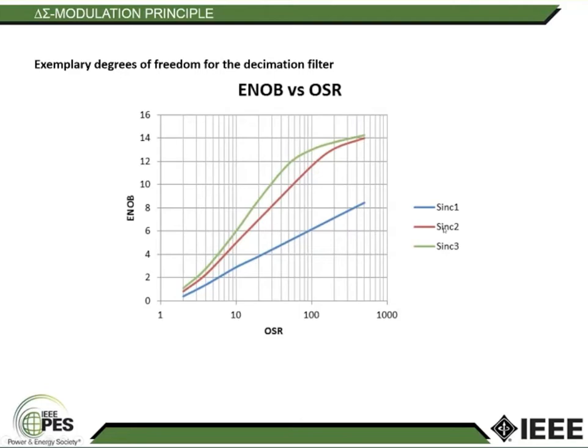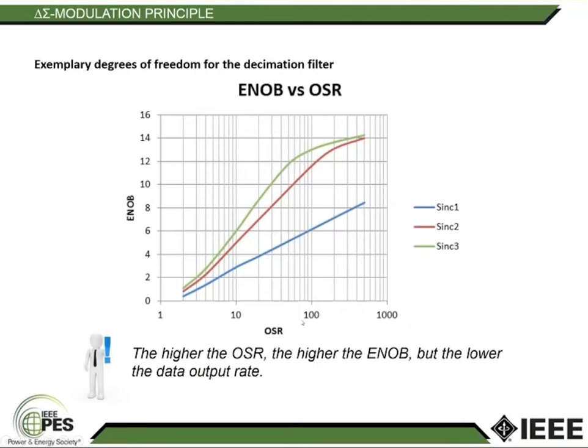If you increase the filter order, though, and you look at a sinc 2 and sinc 3 filter, with an oversampling rate of 128, you would already get an ENOB of 14. This can be theoretically increased to the full resolution of 16 bits, but you can see you have to go pretty high with the oversampling rate to eventually get there.